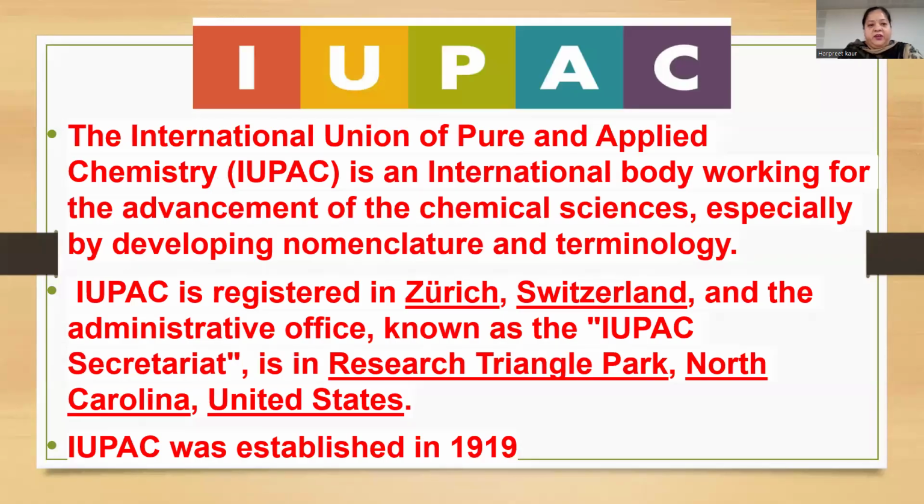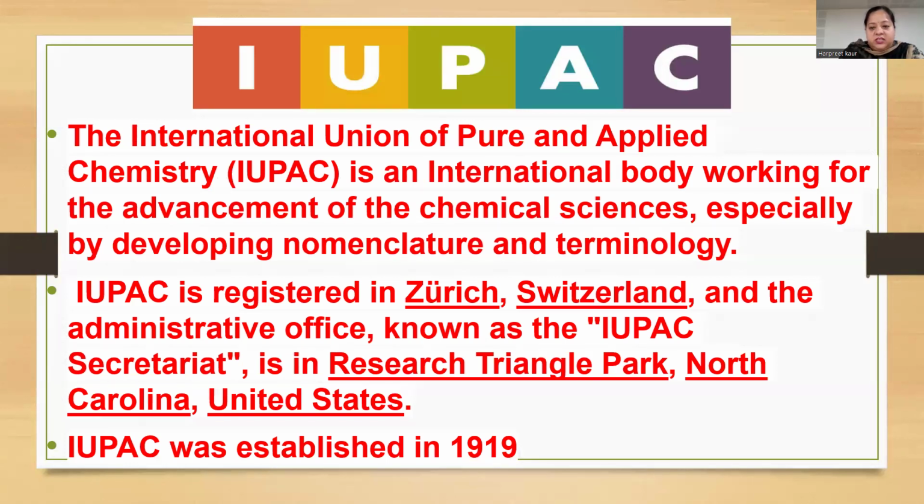Starting with the IUPAC system of naming, IUPAC, that is the International Union of Pure and Applied Chemistry, is an international body working for the advancement of the chemical sciences, especially by developing nomenclature and terminology.